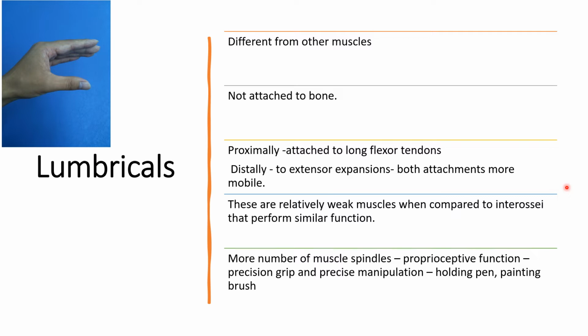You are able to have a precision grip and precise manipulation because of the lumbricals. See the picture. He is able to keep the fingers precisely, so he can hold an object, let it be a rod or any other object where precision is important.